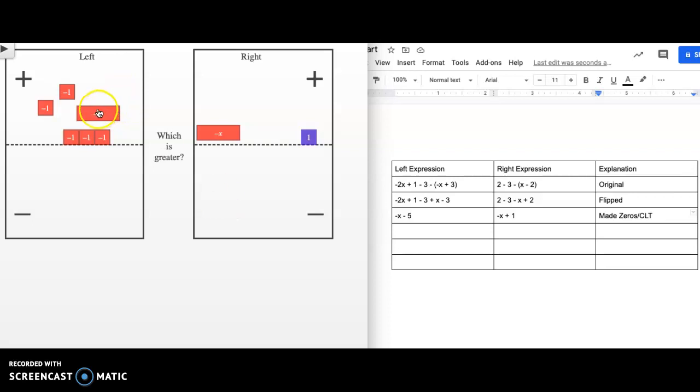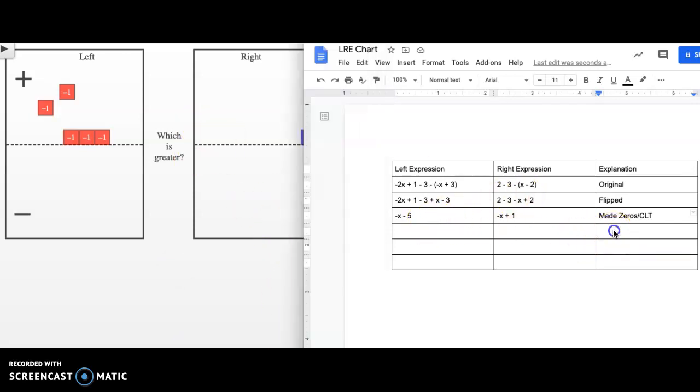So I can take away this negative x from each side of my mat. All right, and so when I do that, I'm removing negative x. I'm left with negative 5 on the left, and I'm left with positive 1 on the right.